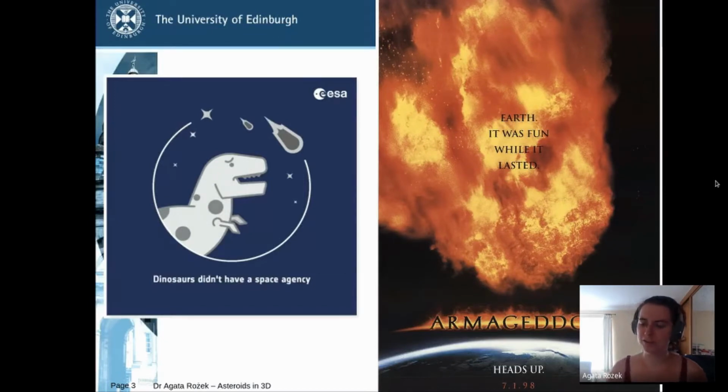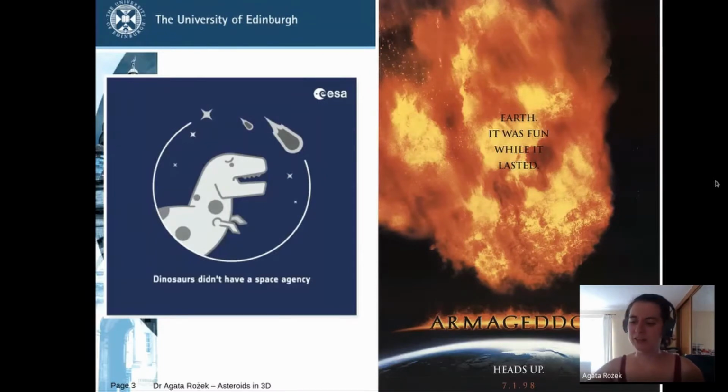Near-Earth asteroids are relatively small solar system bodies which can still come quite close to Earth. They can cause, and they did cause in the past, extinction level events or catastrophic events.